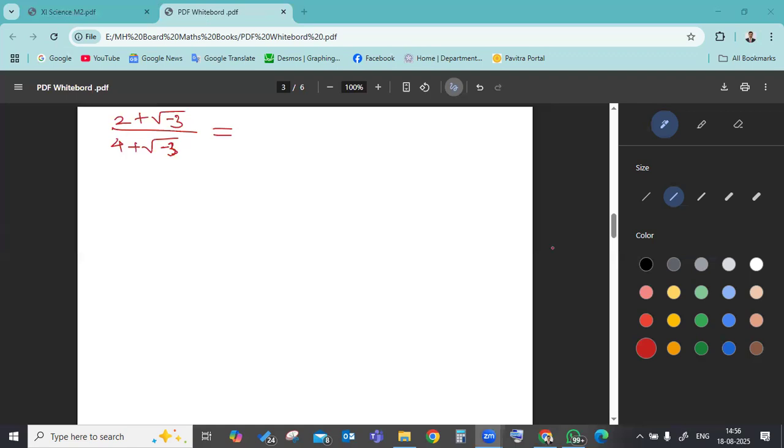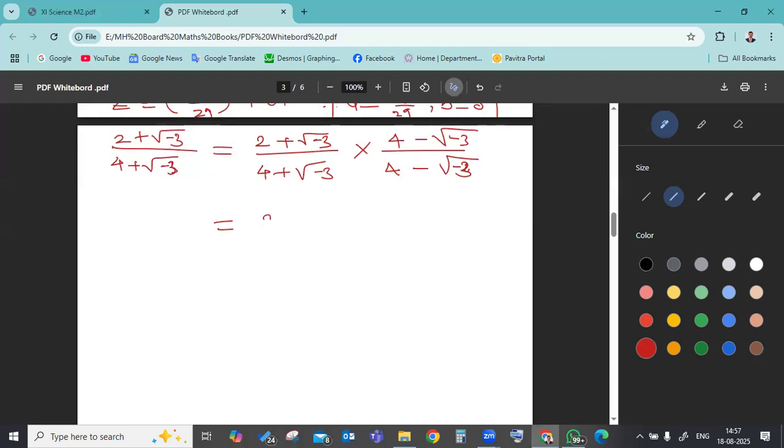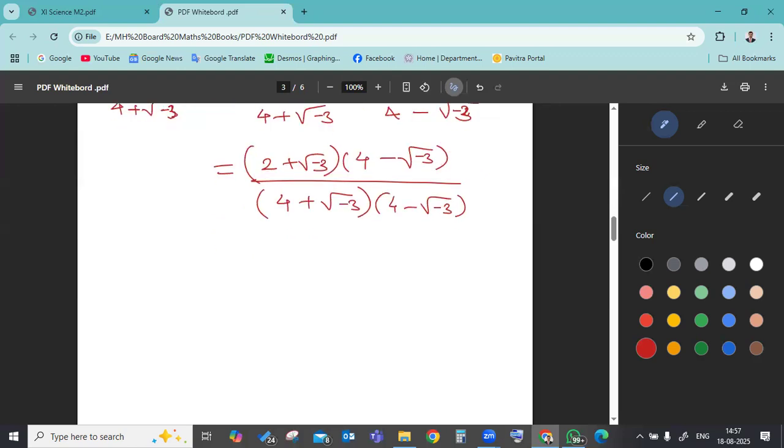So, (2 + square root of -3)/(4 + square root of -3), multiply by what? 4 minus root -3, upon 4 minus root -3. Then this will give you what?